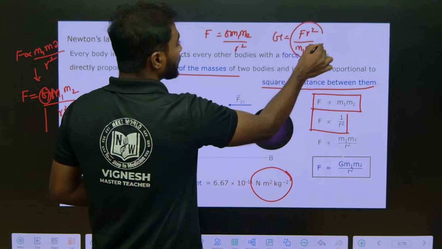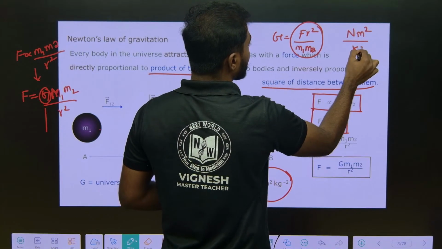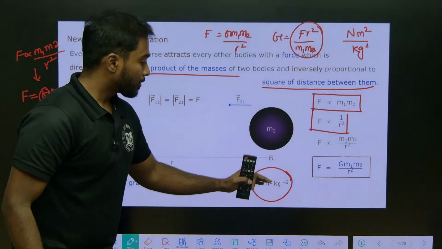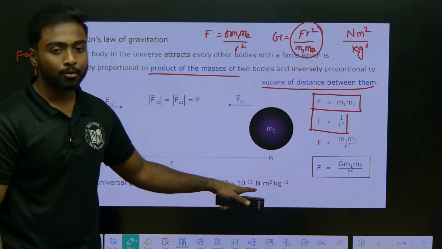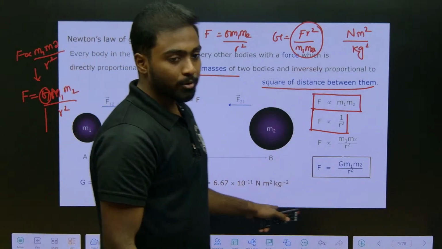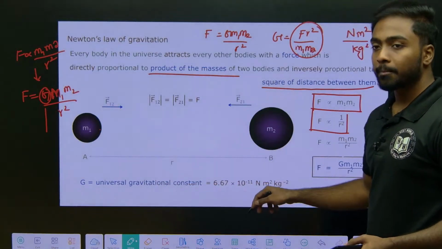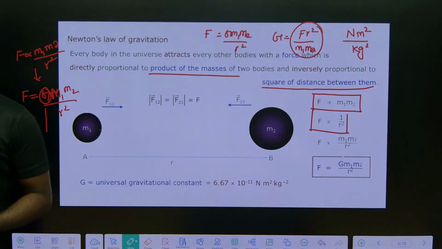So the unit is Newton meter square by kg square. So 6.67 into 10 power minus 11 is the value of the gravitational constant. You can take a note of this and we will go for the next one.